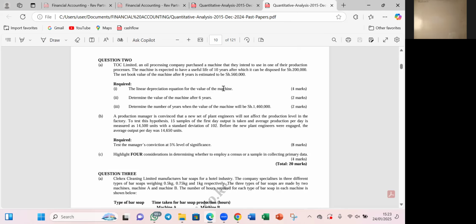Required: 1, the linear depreciation equation for the value of the machine. 2, determine the value of the machine after 6 years. 3, determine the number of years when the value of the machine will be shillings 1,460,000.